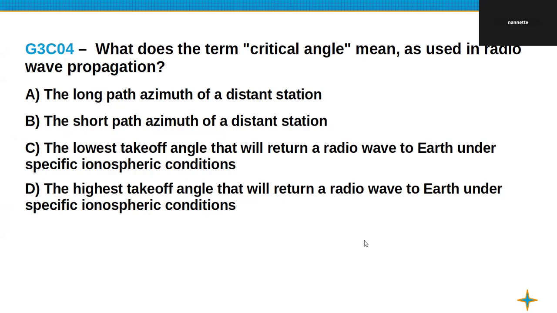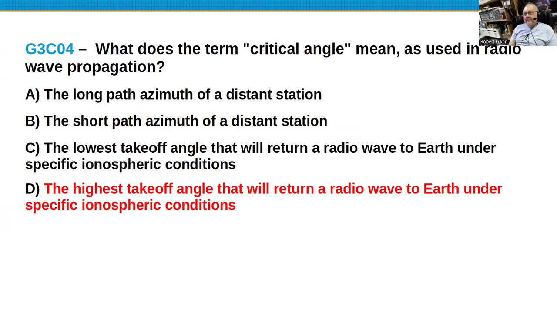We'll find out. But see? I couldn't remember if it was highest or lowest, but it's the highest angle. So that's the most vertical angle, right? Yes. So critical is highest, being the term definition. I'm trying to say the highest is the most vertical.